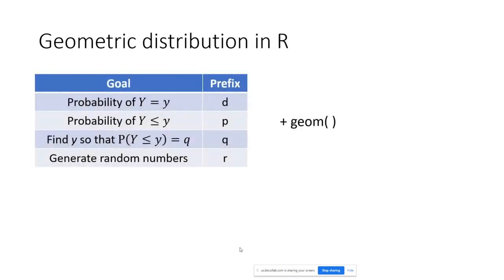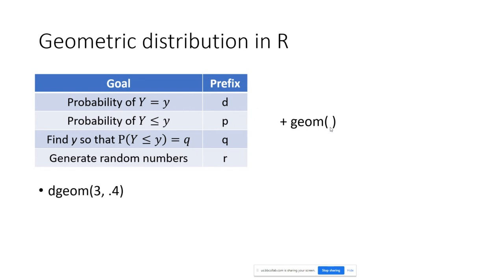All right, we talked last time about how to work with a binomial distribution in R. To work with a geometric distribution in R, it's going to follow the same structure. So we have the same 4 prefixes, D, P, Q, and R, depending on what we want to do. And then we attach those onto the stem geom for geometric.